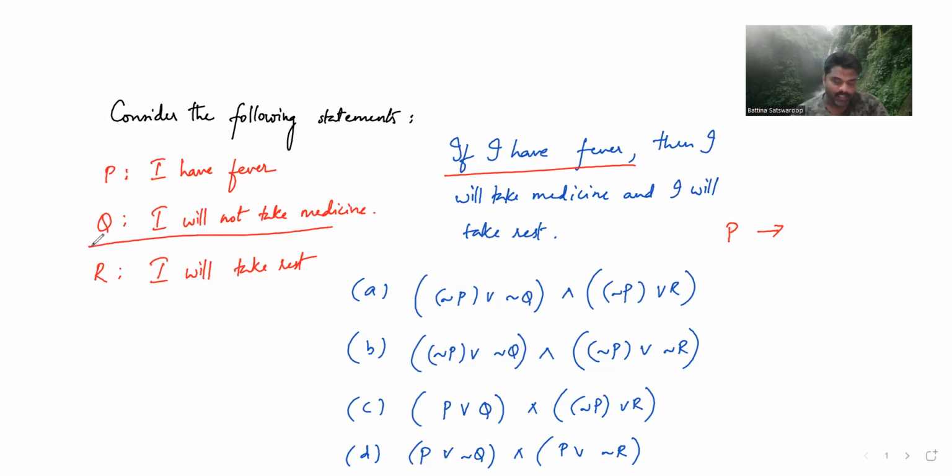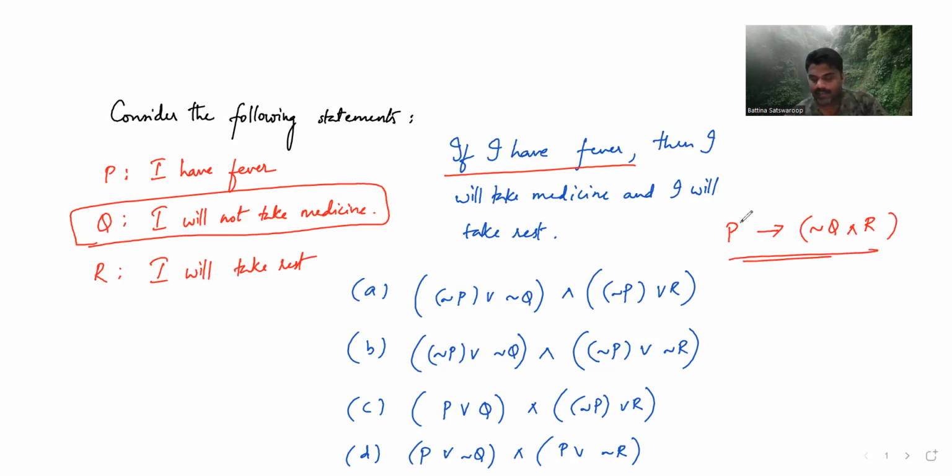See, I will not take medicine is Q. I will take medicine will be negation of Q. Correct, sir? Yes, sir. And I will take rest. So this is the given statement, sir. You agree with me? Yes, sir. Right. Fantastic. Now we will try to simplify this, sir. So how do I simplify this?